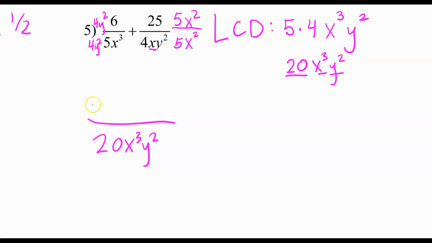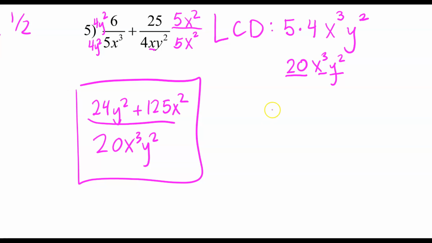And 6 times 4 is 24 y squared, plus 5 times 25 is 125 x squared. I'm looking to see if both the terms in the numerator have a factor, but I don't think they do. So this is fully simplified.